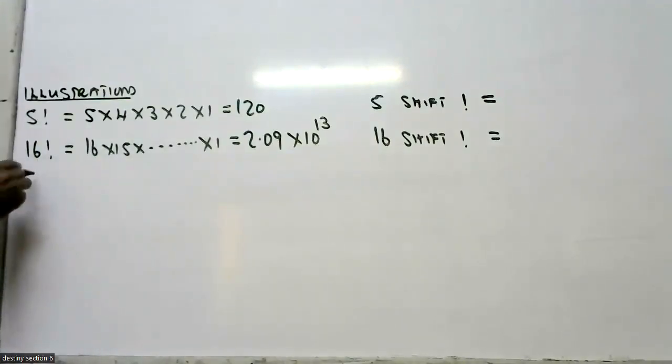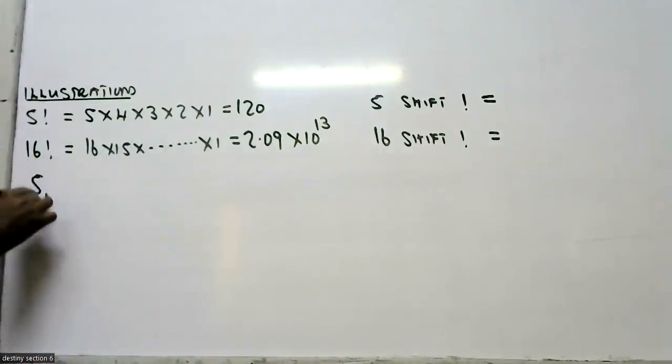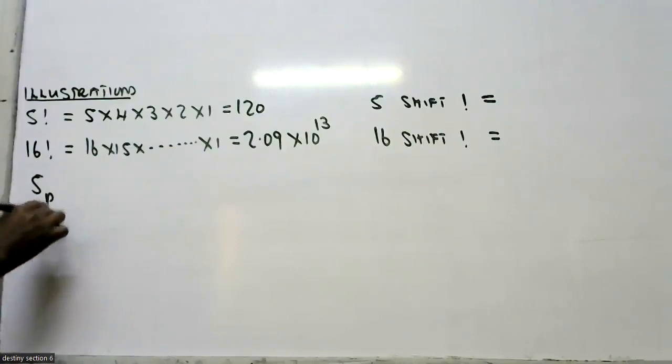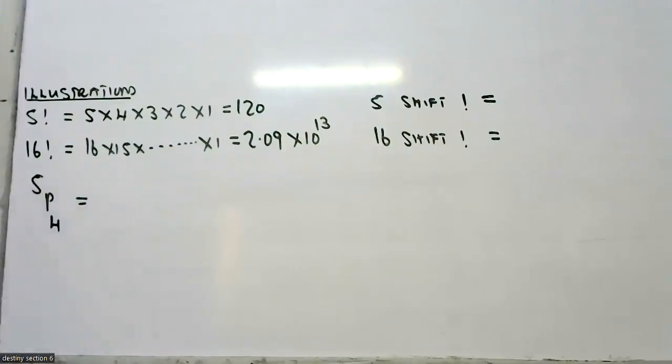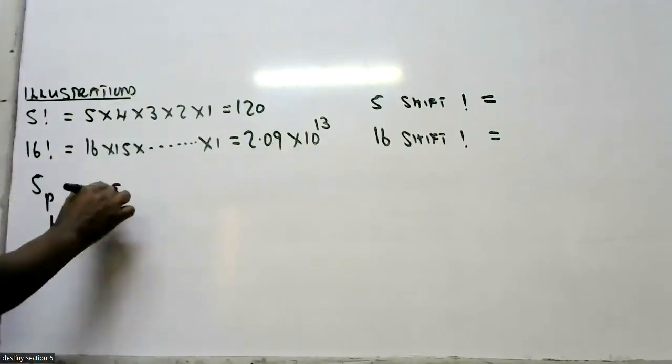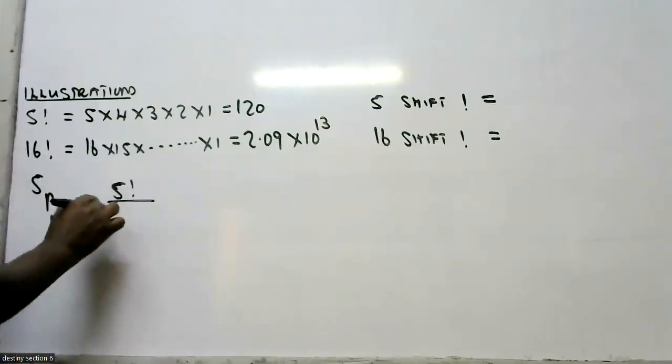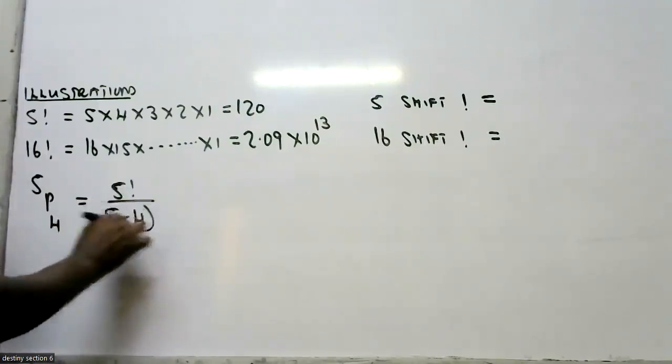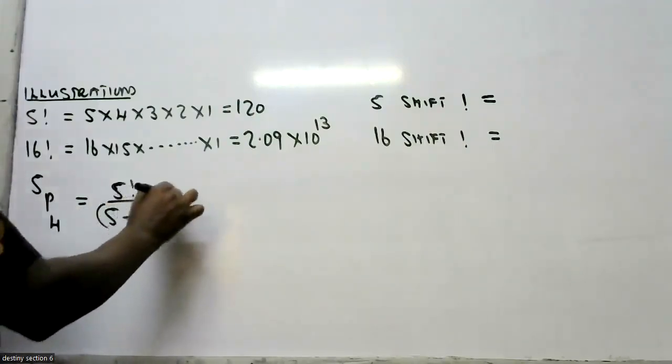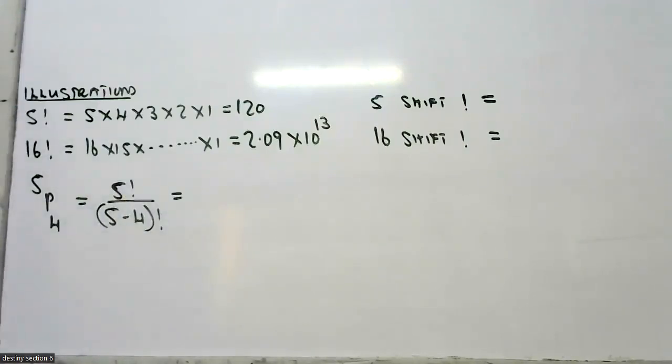If you are told to select 5 items, or rather to commute 5 items, selecting 4, using the formula this would be 5 factorial over (5 minus 4) factorial. But because I want you to use the calculator, I'm going to show you how.